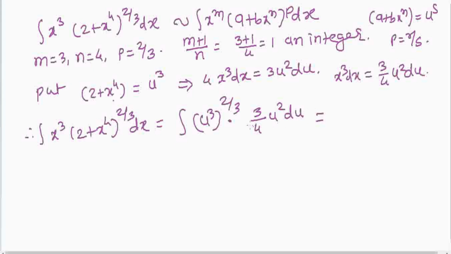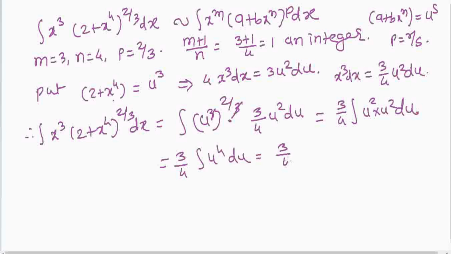The 3 gets cancelled. 3 divided by 4 integration of u square into du equal to 3 divided by 4 integration of u raised to 4 into du equal to 3 divided by 4 into u raised to 5 divided by 5, equal to 3 divided by 20.